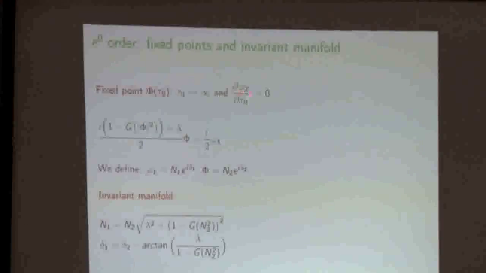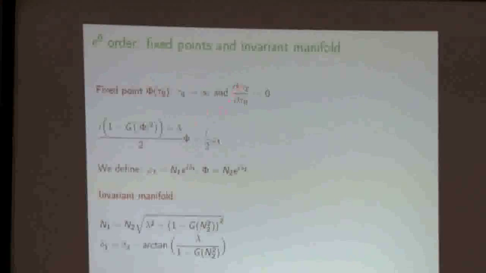So it is what I explained. If phi 2 reach a steady state when tau 0 tends to infinity, I can consider that I have a tau 0 invariant given by this relation. Again, in polar form, I can introduce phi 1 equal n1 exponential i delta 1, and if capital phi is the state reached by phi 2, I introduce this polar form.